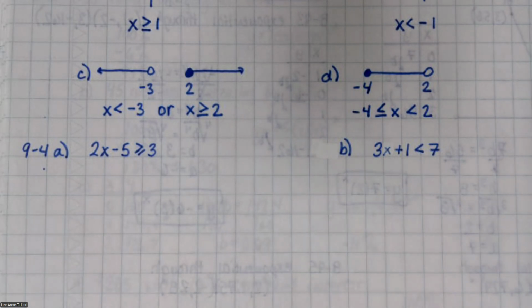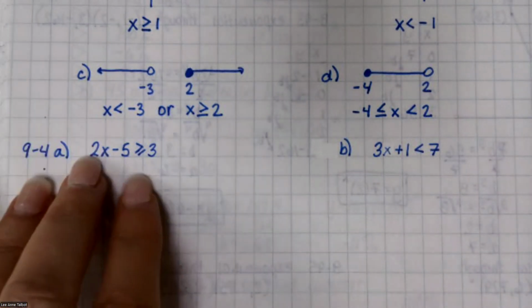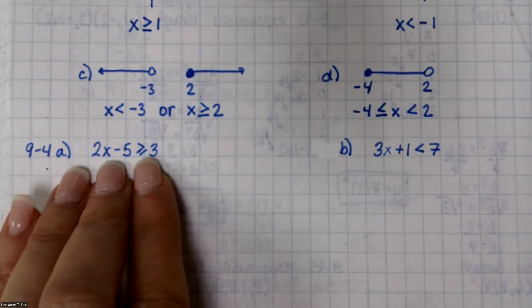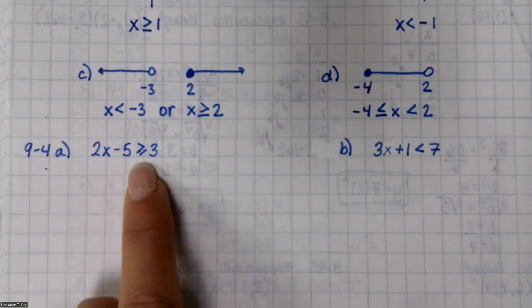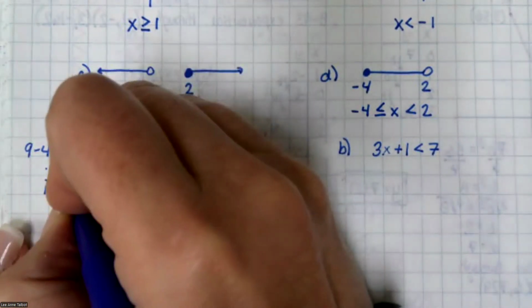Okay, now we're in math one. Here we go. That was all middle school before. Now we're in math one. We have something that looks like an equation, but we have an inequality symbol instead. So the first step is to pretend you have equals.